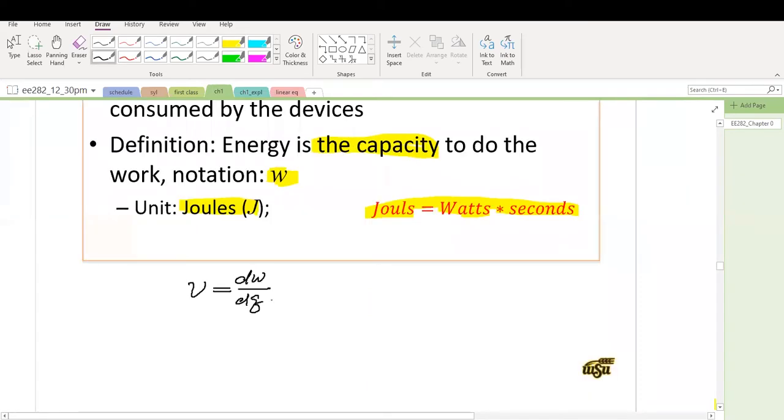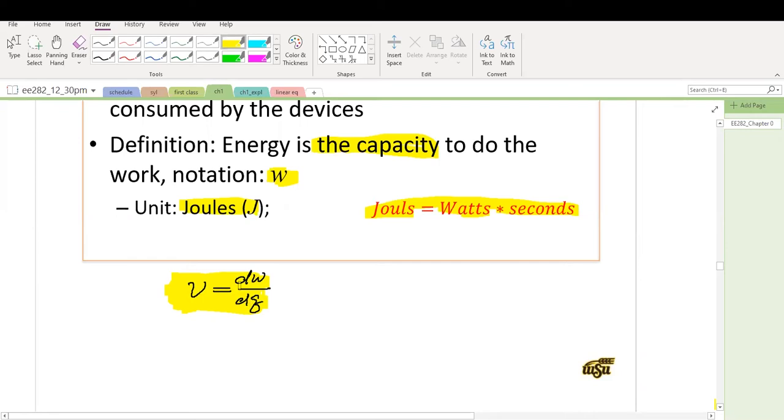Next, let's look mathematically at the relationship between energy and voltage. From this relationship, we want to derive what the energy is. We know the voltage is defined as the work to move a unit charge.